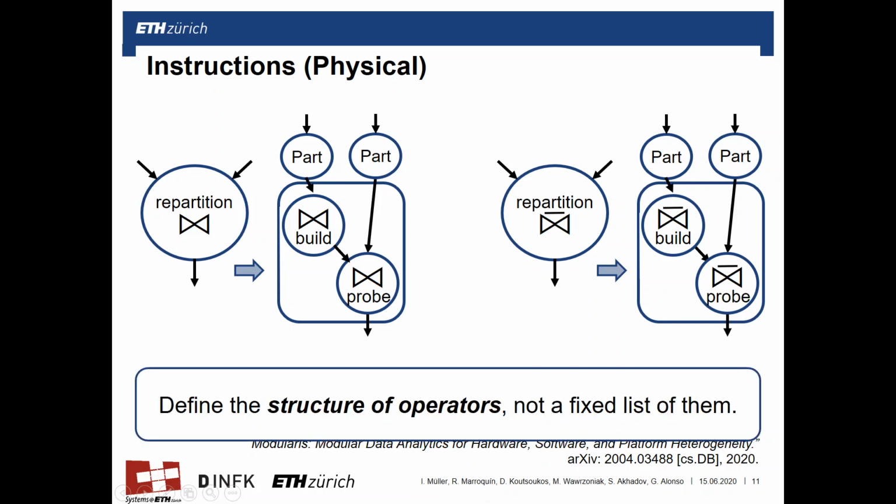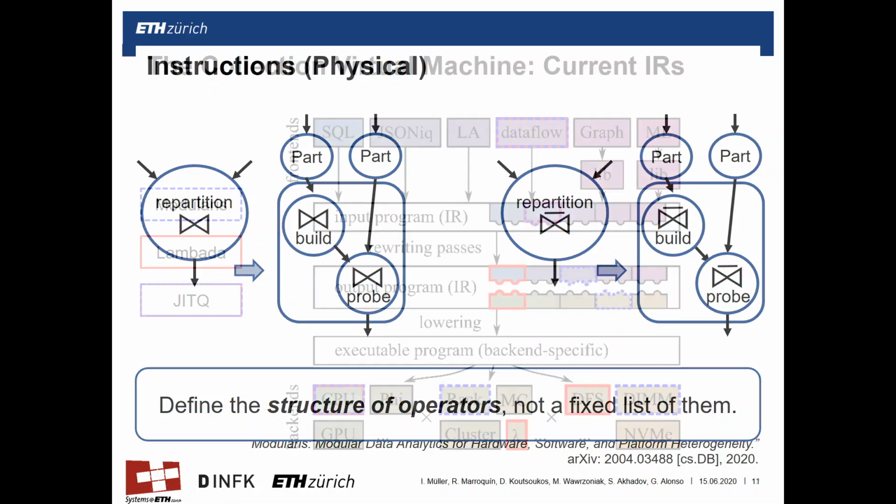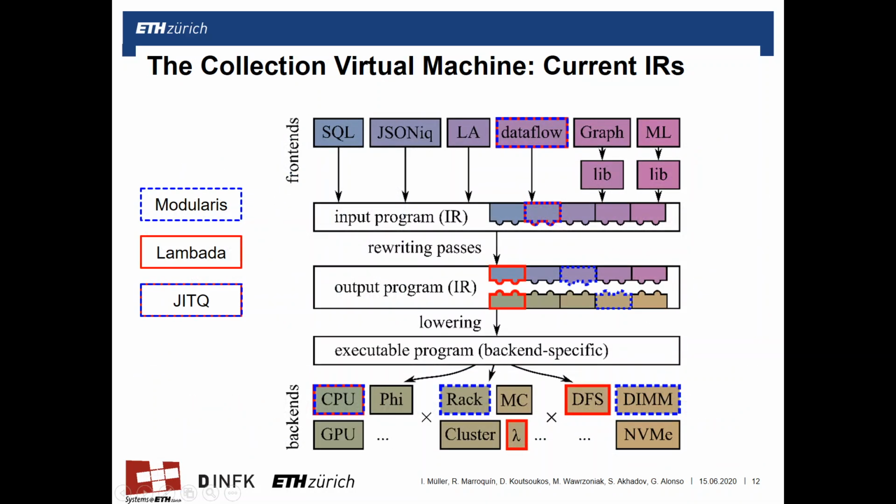And what is important here is that we only define in CVM the structure of operators and not a fixed list of them, such that whatever we might need to add in the future, we can do that in that IR language. Now, what we've done so far is implement 3 different IR flavors for 3 different target platforms.